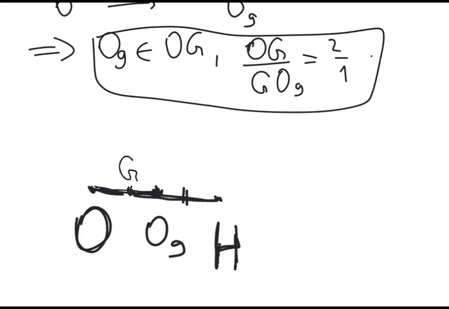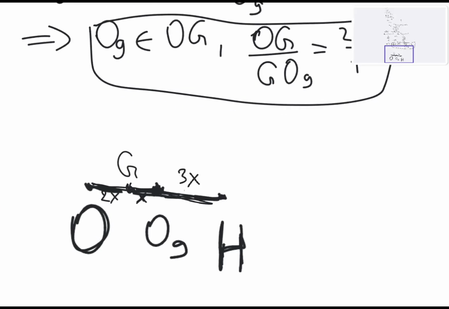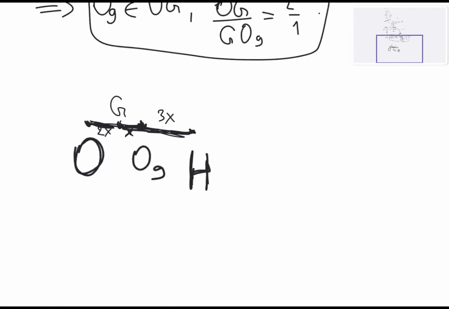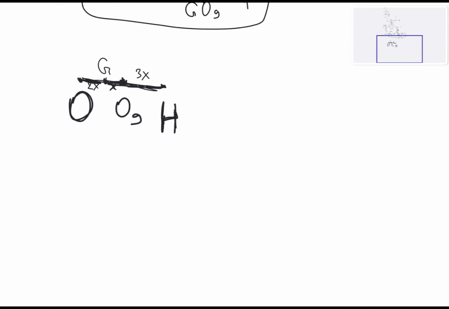So if we denote GO9 by x, then OG must be 2x, and this segment O9H must be 3x. So let's draw another picture, larger.